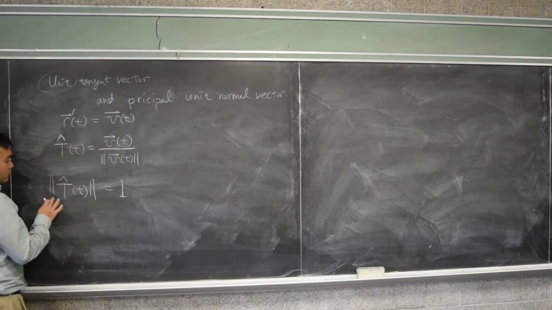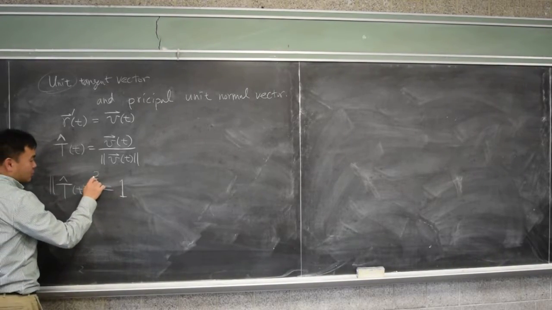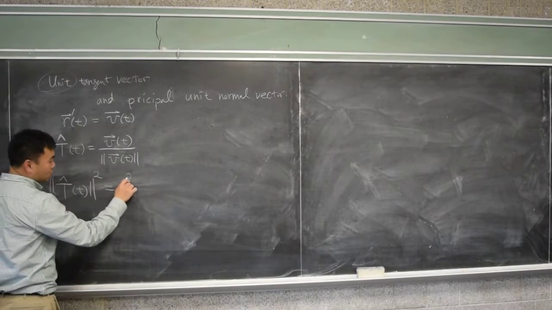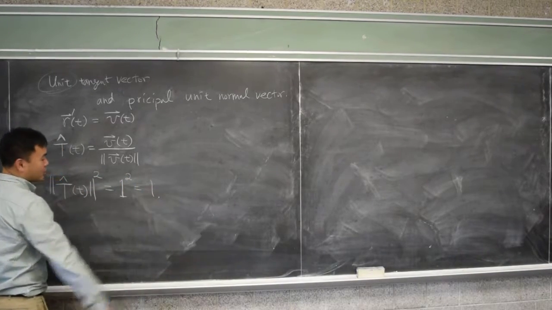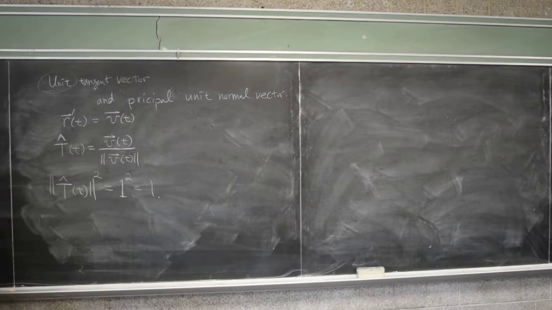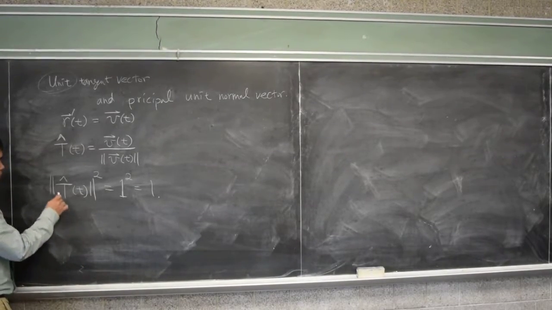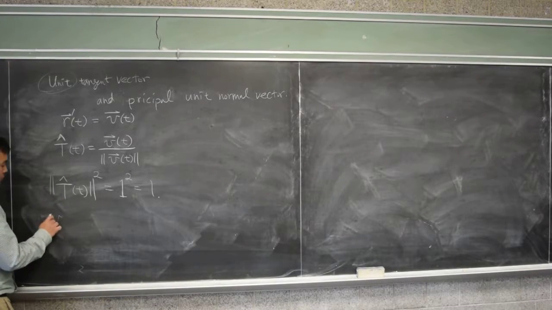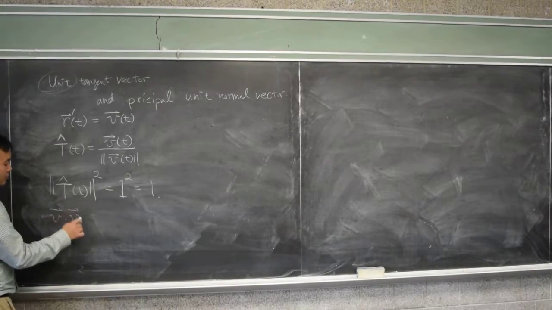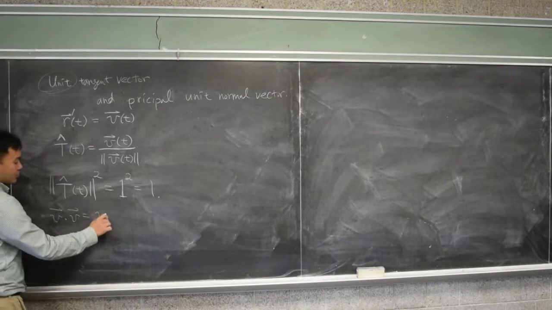First is that if you have this, you can say that the norm of T squared is 1 squared, which is just 1. And then you also know that v dot v, any vector dotted with itself, is its norm squared.